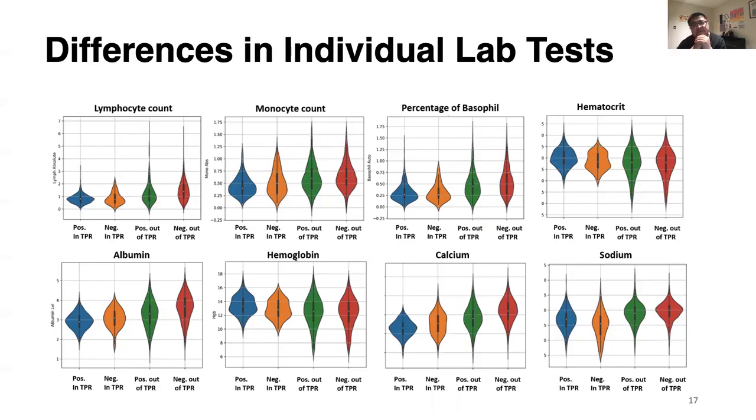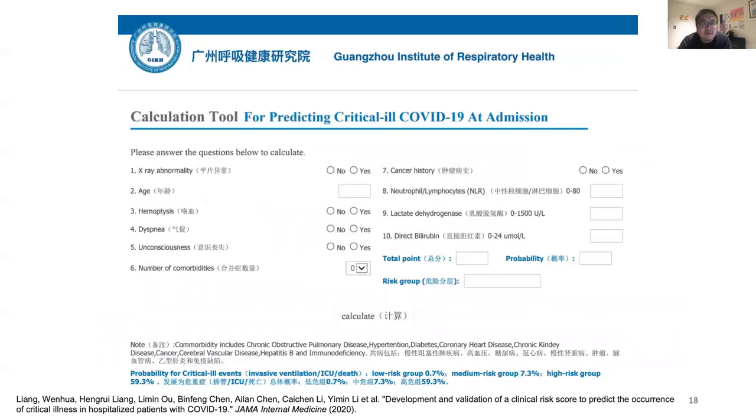There have also been other prognostic studies proposed by other people for COVID-19. This is an example, a risk calculation tool for predicting critically ill COVID-19 patients based on their records at admission, developed by the Guangzhou Institute of Respiratory Health.